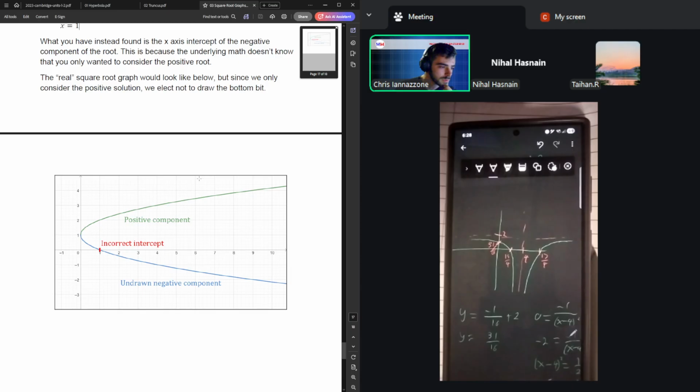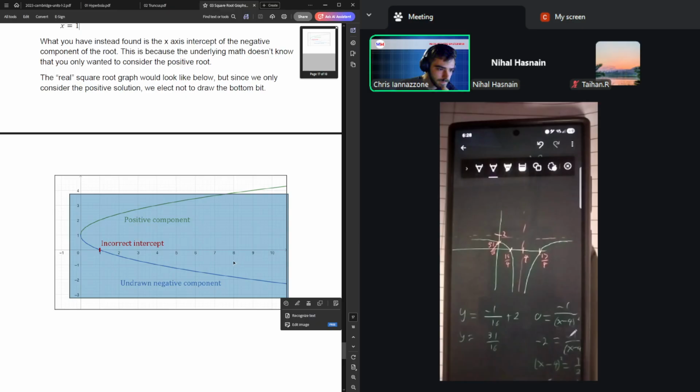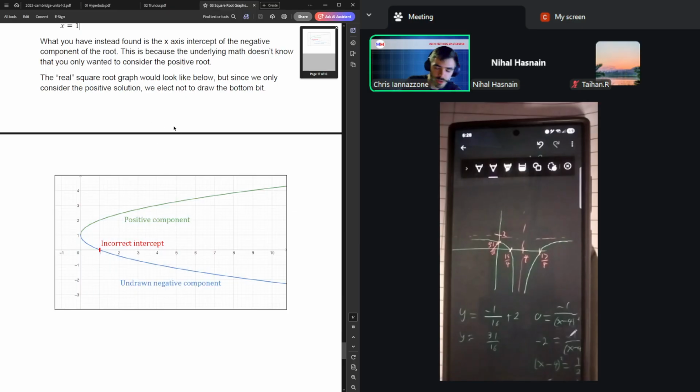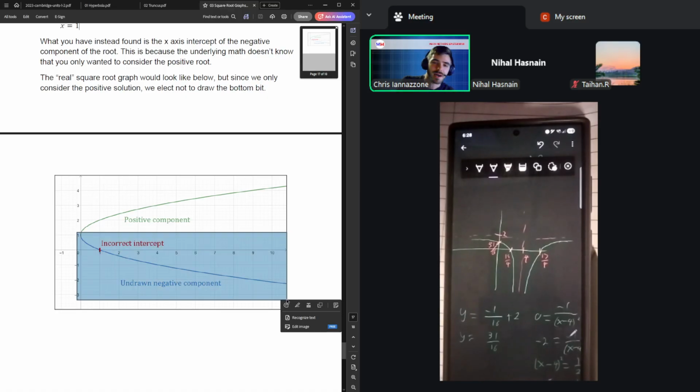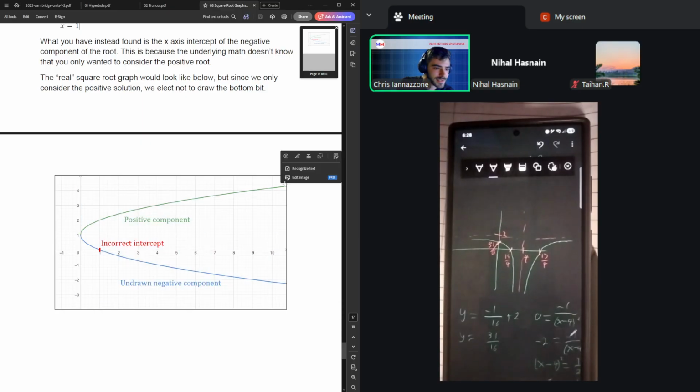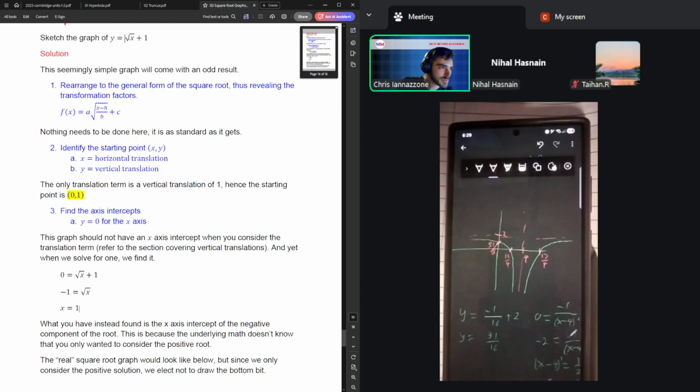So with the y squared equals x graph, it was a relation. In methods, when we're handling these things, we only care about the functions. So essentially, what you're doing is finding the x-intercept of the other part of the graph that we're not supposed to have. We only wanted the positive part of the square root.